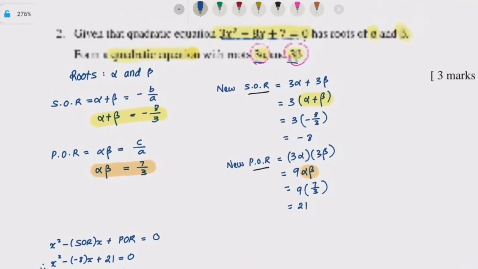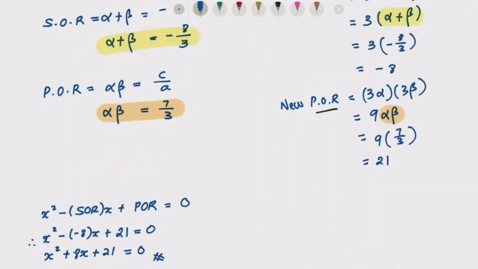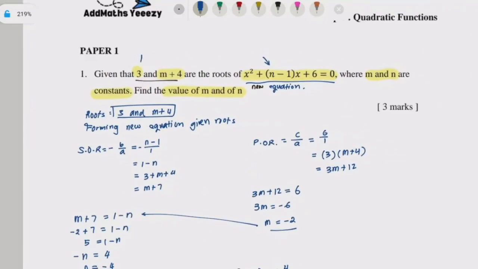So here we see another kind of question that can be asked for the concept of forming a new equation. The first type is where you are given the roots and the new equation, and you need to find the constant.